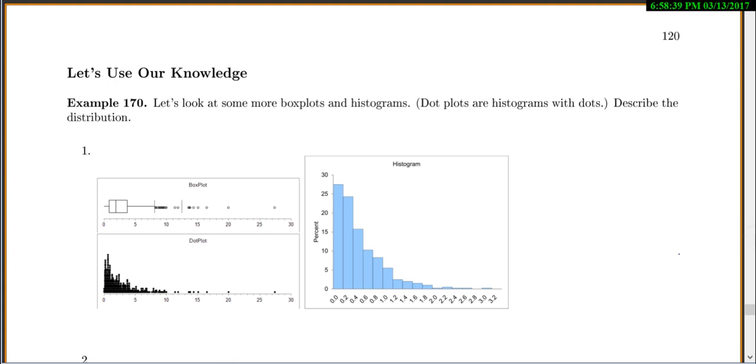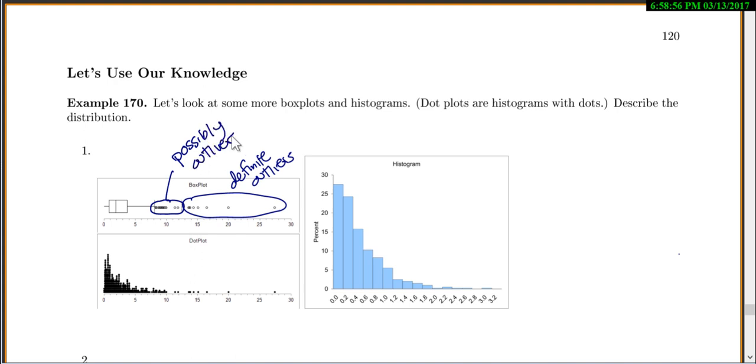What that means is the ones here are definite outliers. And the ones in between the 2 dashed lines are possibly outliers. So your software again will mark that for you.